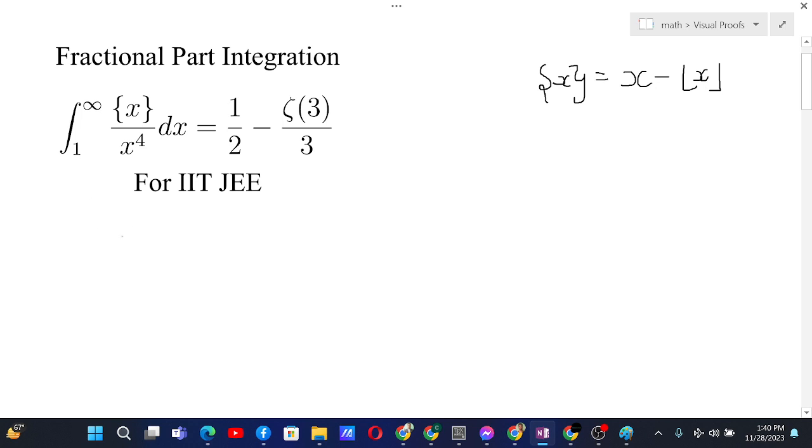So let's begin. We have the integral from 1 to infinity of the fractional part of x by x to the power 4 dx. So you can write this as x minus the greatest integer of x.